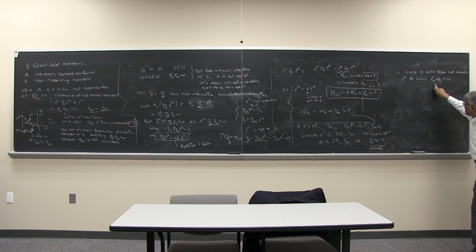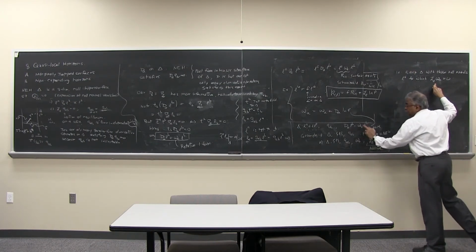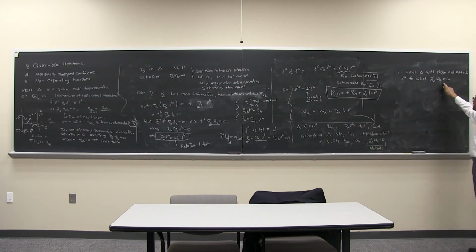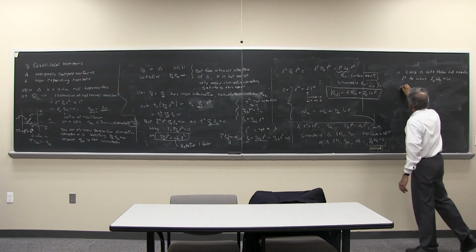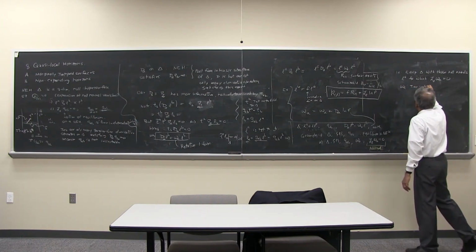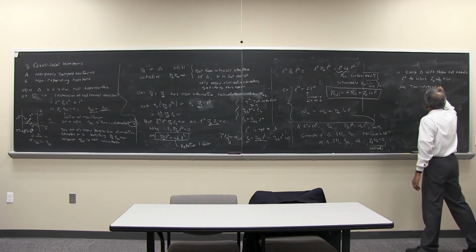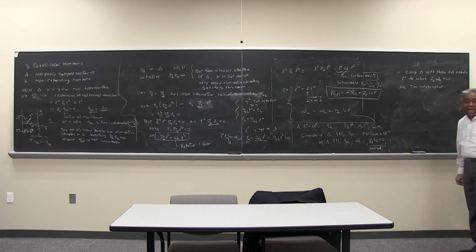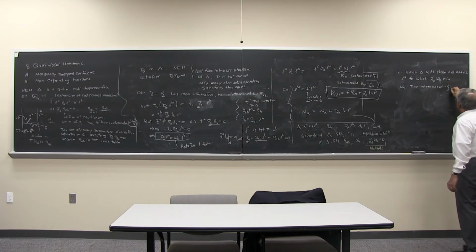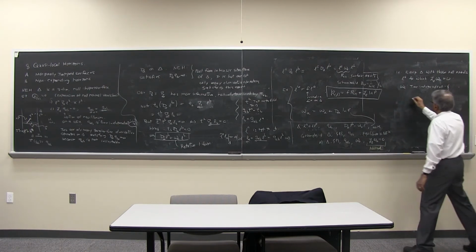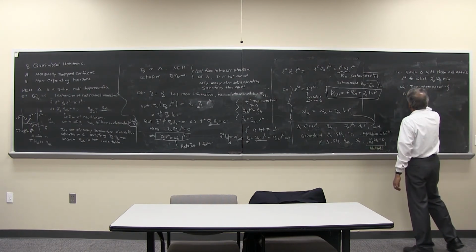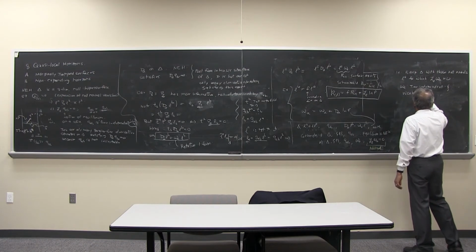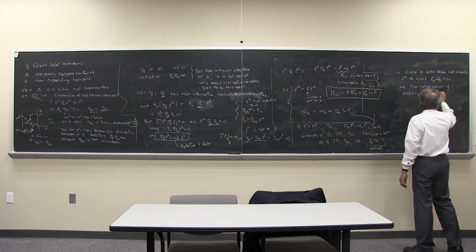So given the null normal L, d_A L^B is omega_A L^B, therefore ask that this be equal to 0. That is to say, omega is time independent. So this is a stronger notion of equilibrium. And this notion is called weakly isolated horizons. Non-expanding horizons, and now we have weakly isolated horizons.